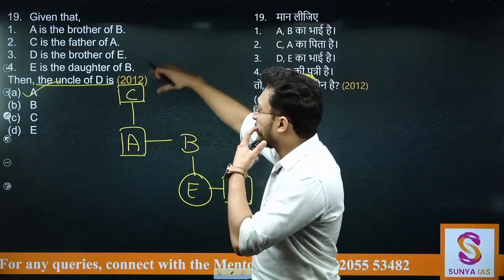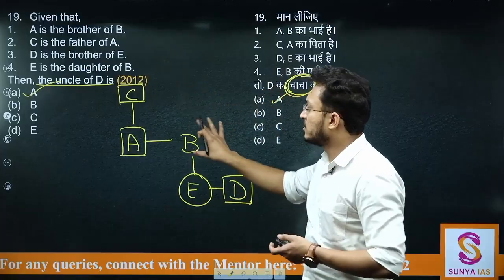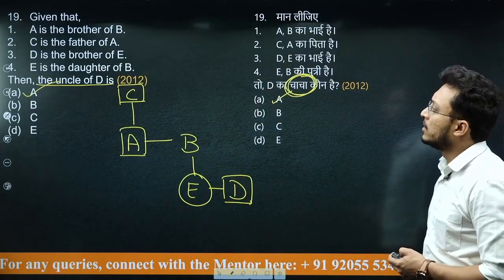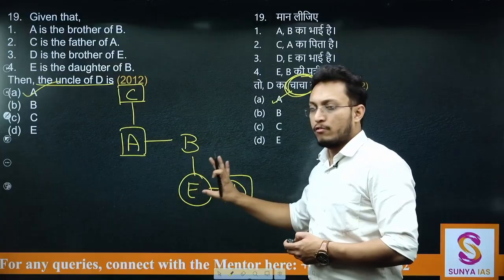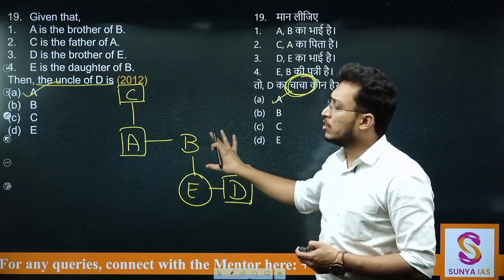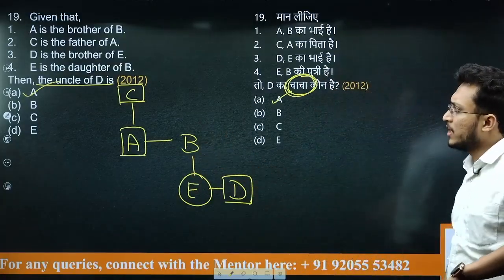There is no statement given here which says that B is the father. What we know is E is the daughter of B, but whether B is the father or the mother, this is not given. Let's see.